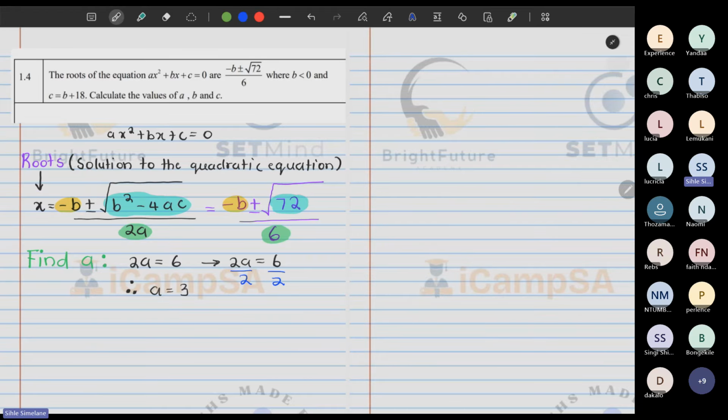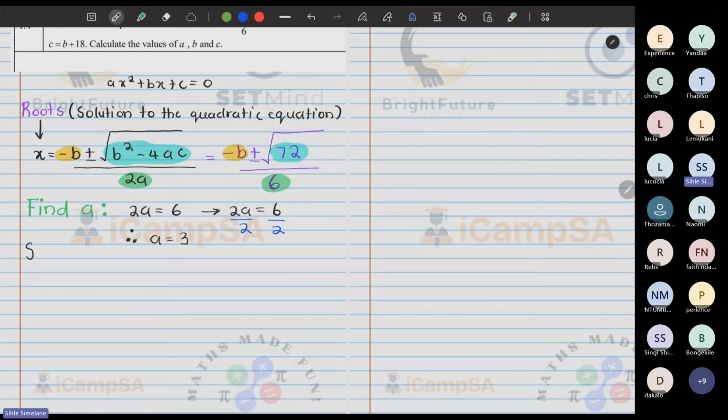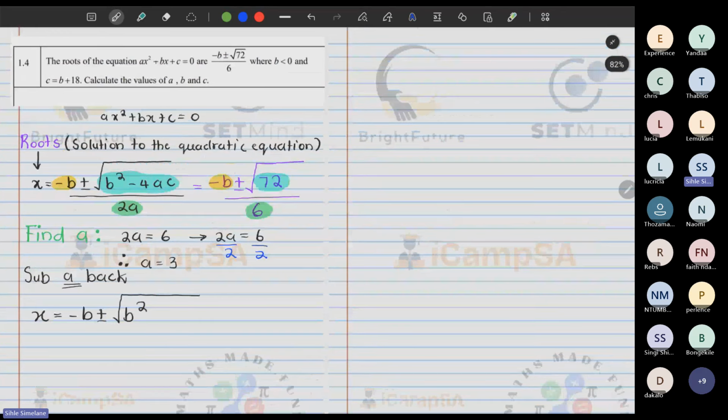So we have a now. Then what I'm going to do is substitute a back. So I'm going to now have x equals minus b plus or minus the square root of b squared minus 4 times my a, which is 3, and then my c.